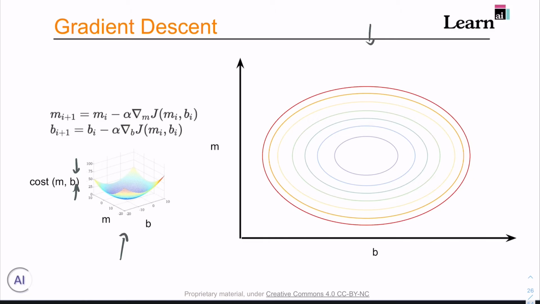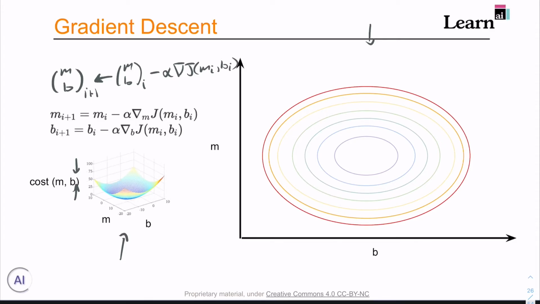What is important is that we're taking M and B and subtracting the direction of greatest ascent from the previous value. We can represent this as a vector: M, B at i plus 1 equals M, B at i minus alpha times the gradient of the cost of M_i, B_i.